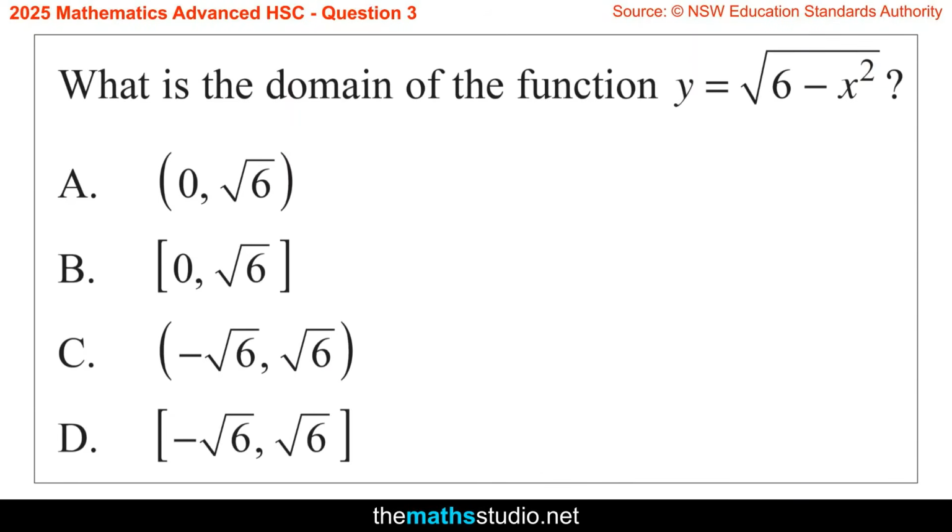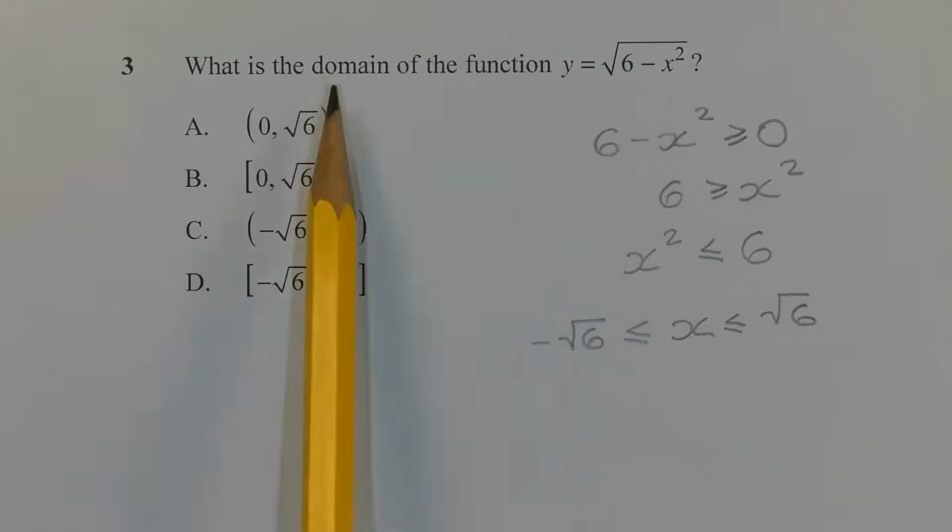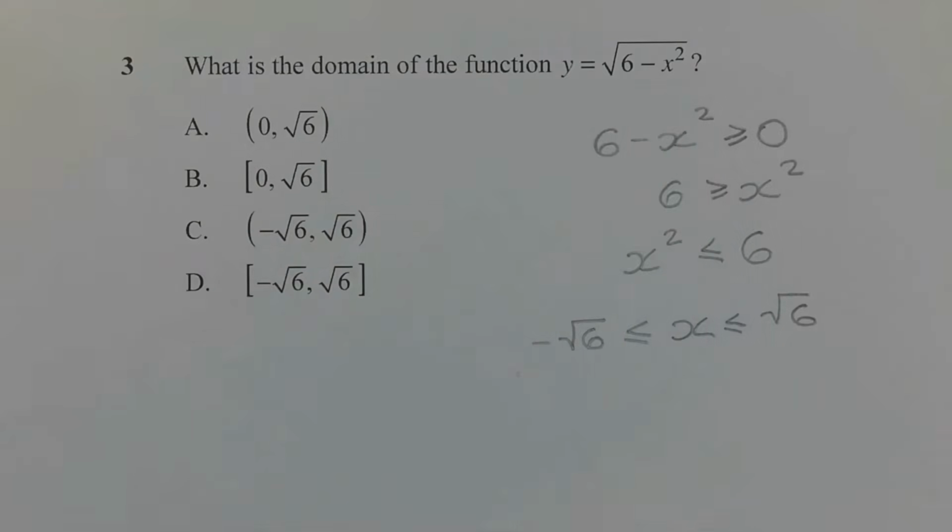Question 3. What is the domain of the function y equals the square root of 6 minus x squared? The domain of a function refers to the real values of x that a function permits as valid inputs. In this case, we have the quadratic function 6 minus x squared inside the square root function.